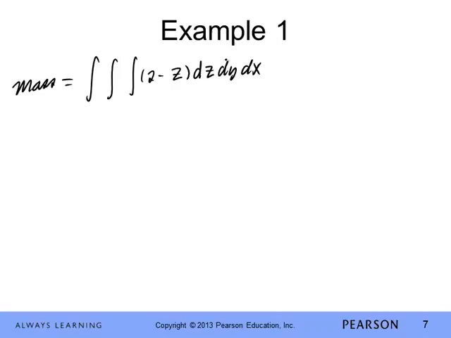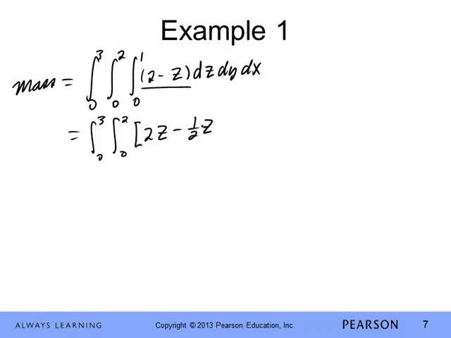And remember, z varied from 0 to 1, y varied from 0 to 2, and x varied from 0 to 3. Now, your next step would be to integrate the integrand with respect to z. So you're going to have 2z minus 1/2 z squared, evaluated from 0 to 1.